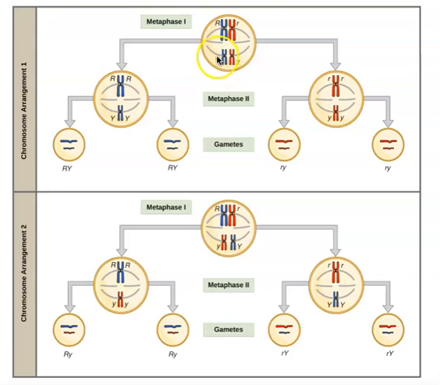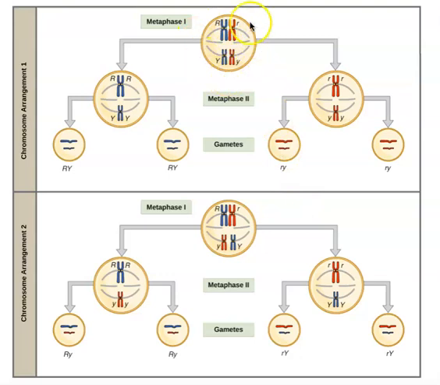Now these genes are not dependent on one another. That means that it's independent. It'll be randomly assorted. This big R will be randomly assorted to any of these sex cells independently of this big Y. So the genes are independent from one another, so they can be randomly assorted to sex cells in a very independent way.